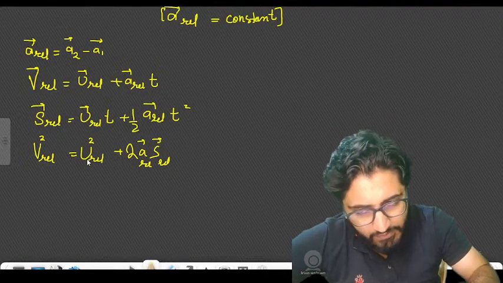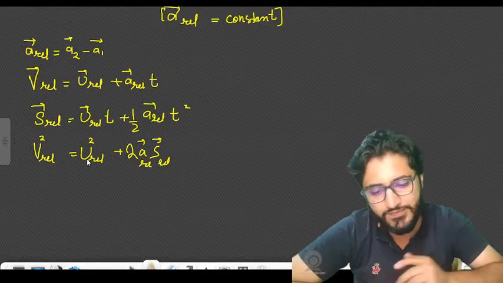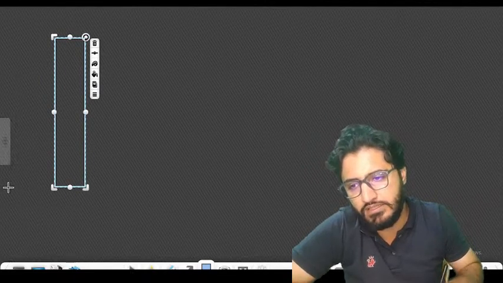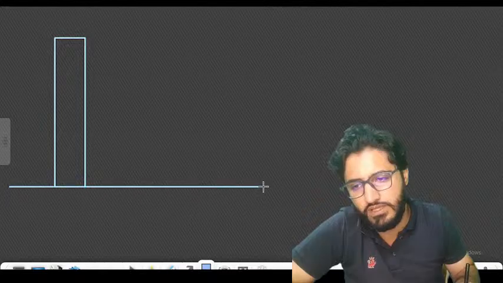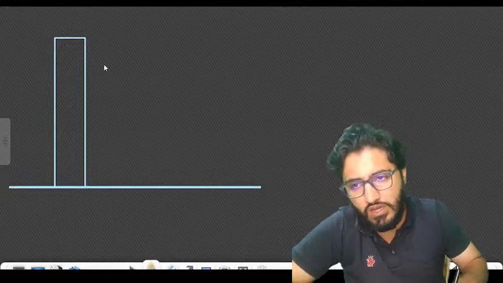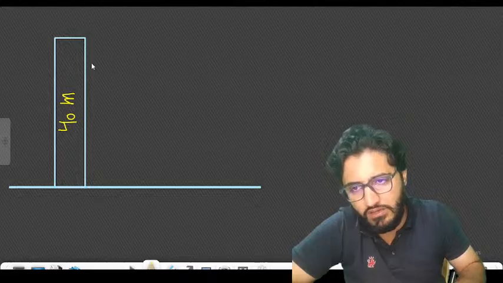Okay, I will be giving a numerical on this point particularly. We are supposed to have a building. This is my building. The building is lying on the floor. Okay, this is my floor. Now the building is of 40 meter.